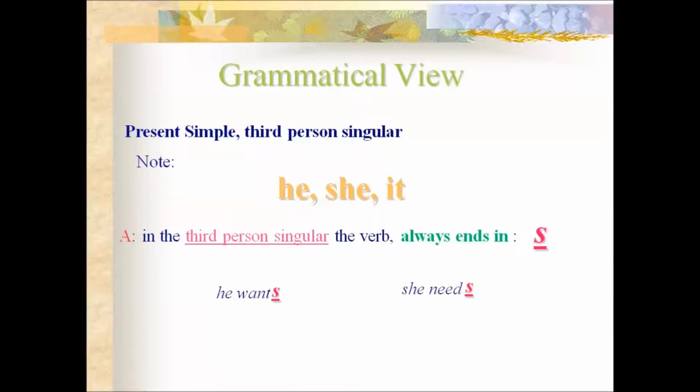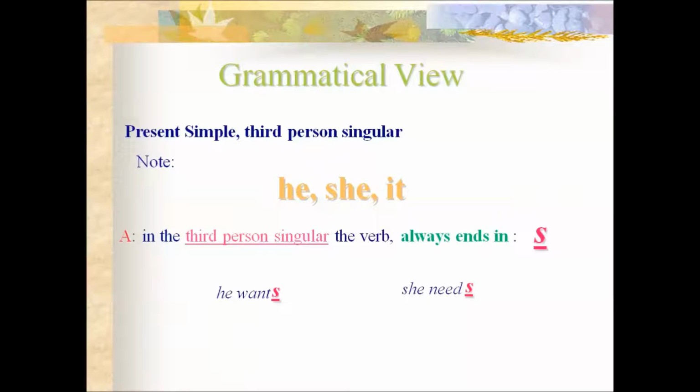We talk about the grammatical view. It's about the present and the third person singular. What is the third person singular? In English, there are three kinds of person: first person, second person, and the third person. If we talk about the third person, we come into two different categories. We talk about the third person plural.